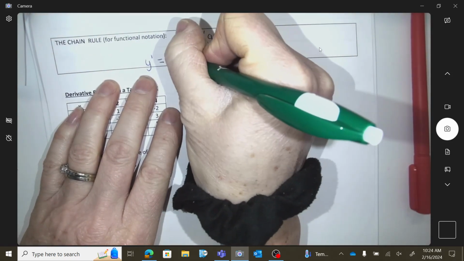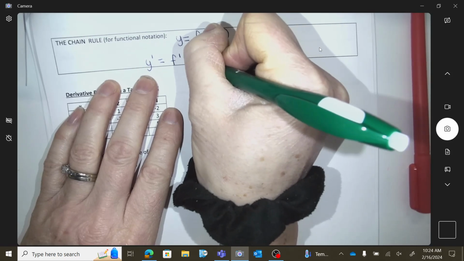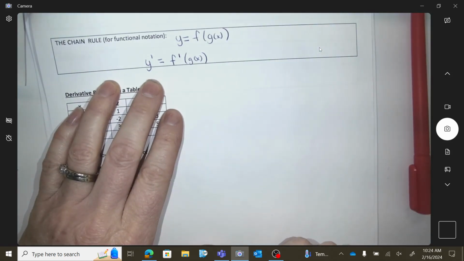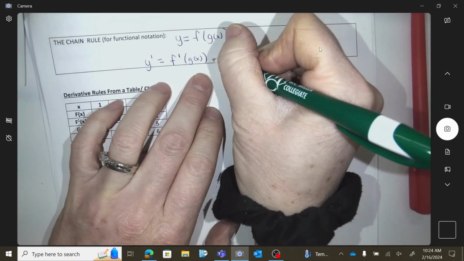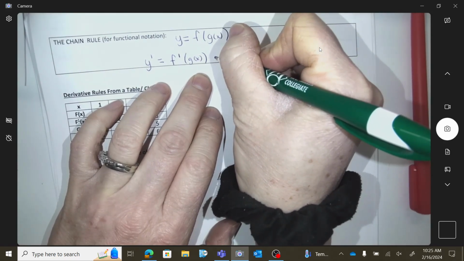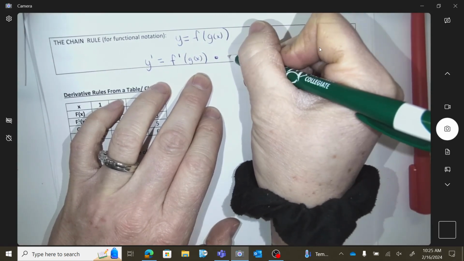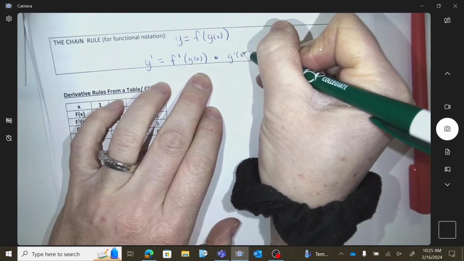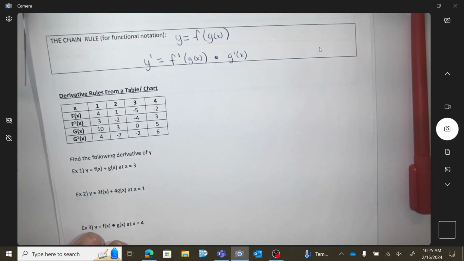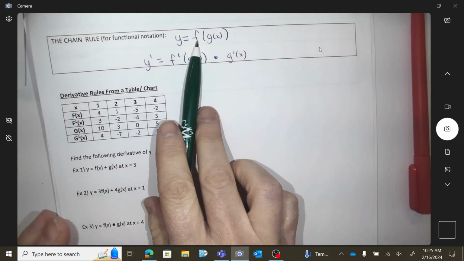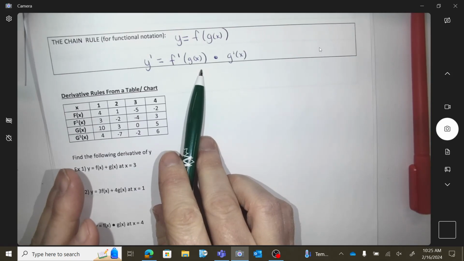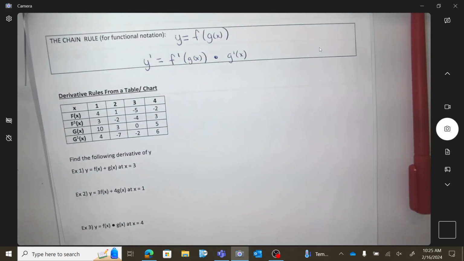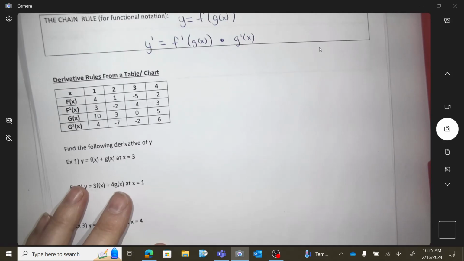The derivative equals f prime of g of x, so the derivative of f at g of x, and then you attach the, any guesses? The derivative of the unit. So think of it as f of the unit, so then you're doing f prime of the unit, attach the derivative of the unit. Okay, kind of like that. Okay, here we go.